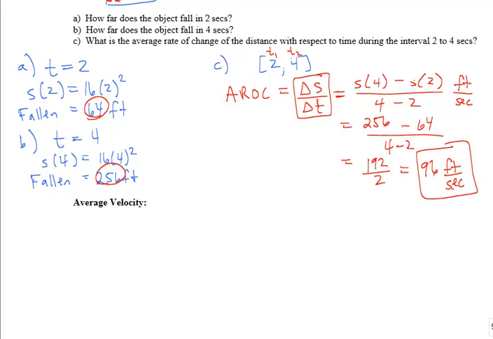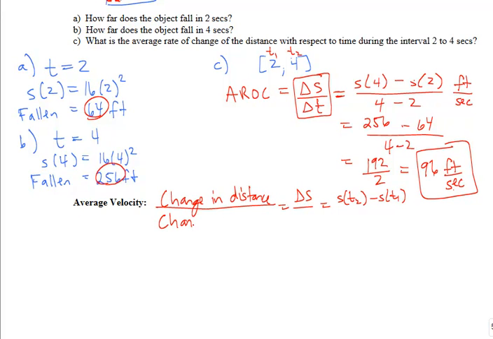So by definition, average velocity is going to be change in distance, which we sometimes just write as change in S, or S of T2 minus S of T1, over our change in time.